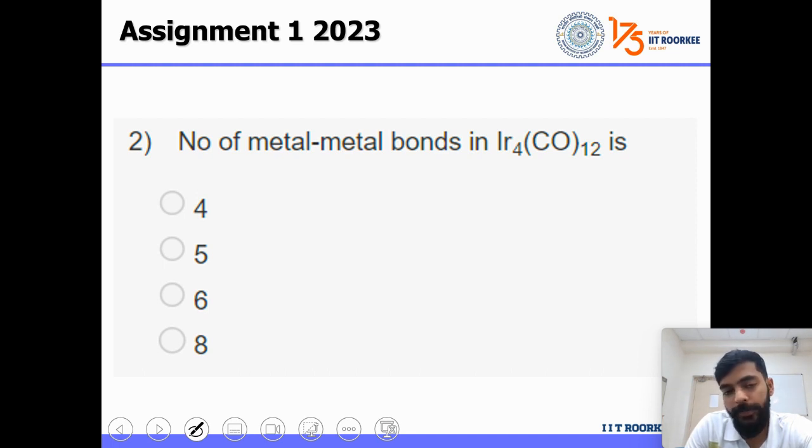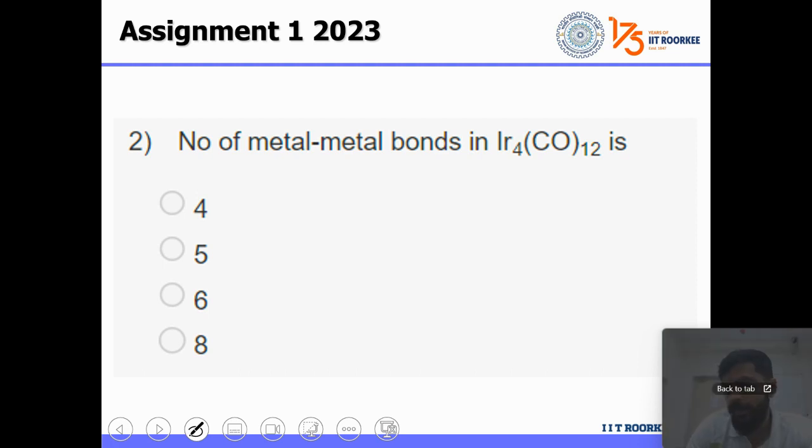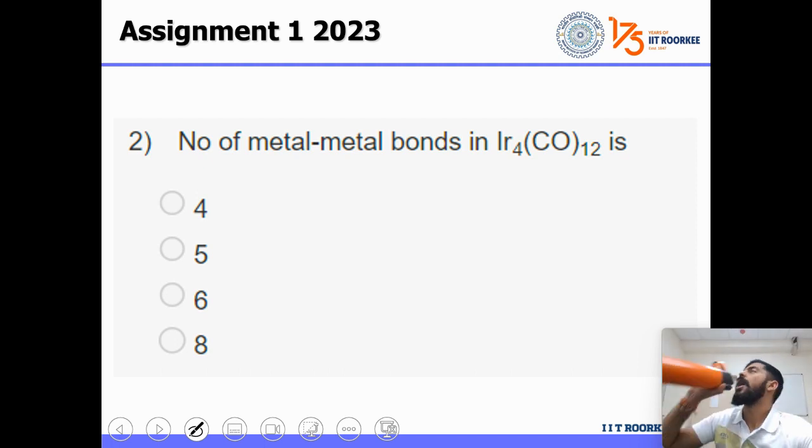You have 2 minutes for this question. Number of metal-metal bonds in the iridium complex is 4, 5, 6, 8.